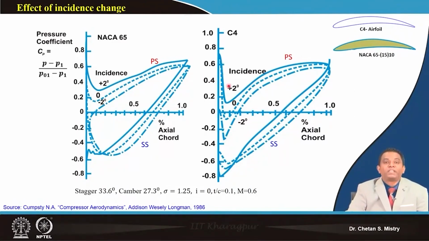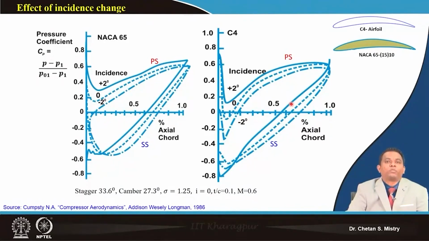Now for this C4 aerofoil, as we have discussed, this represents what is happening on the pressure surface and on the suction surface. This larger radius leading edge gives flexibility to the blade in terms of incidence angle.